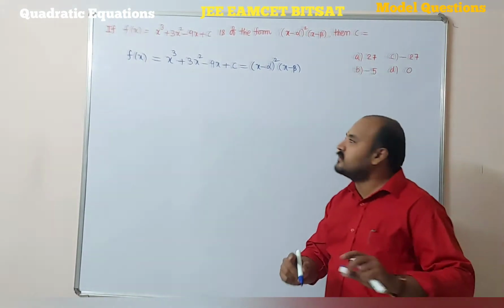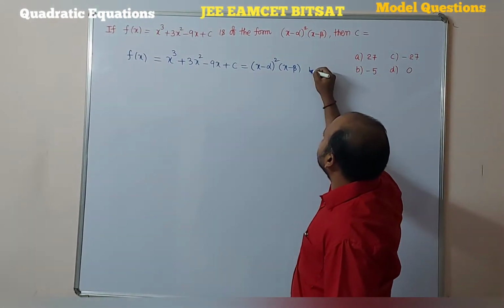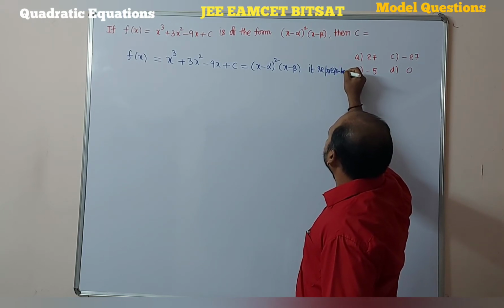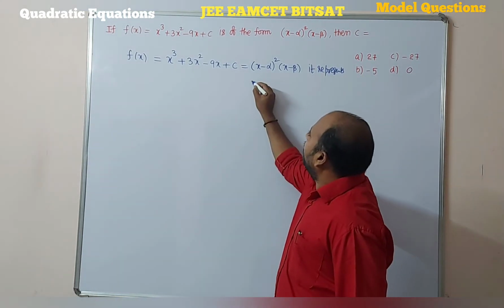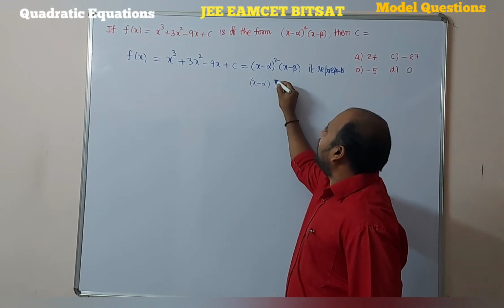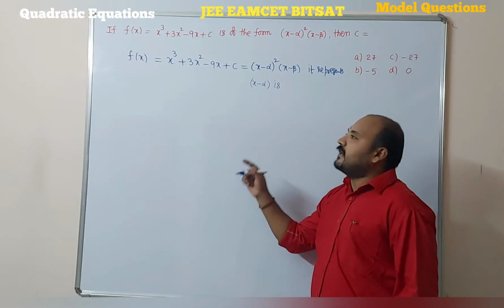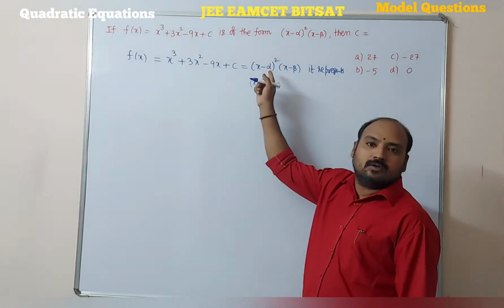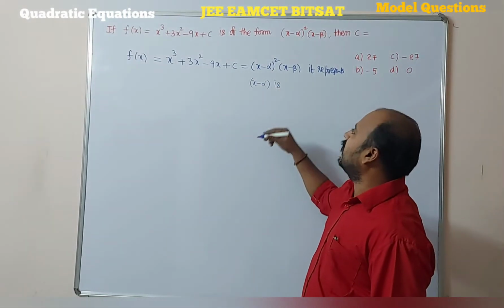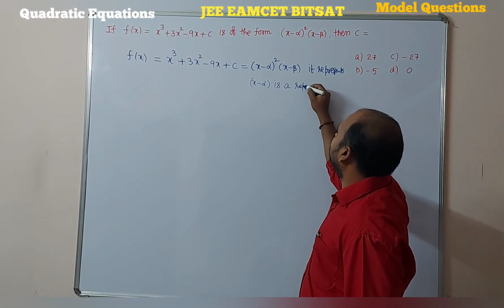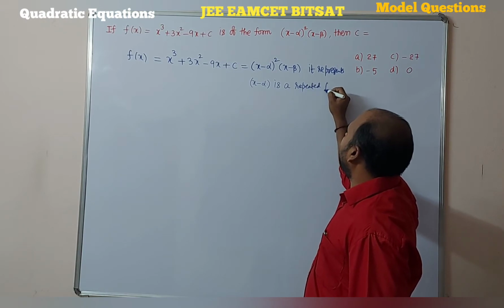Observe, dear students, it represents that x − α is a repeated factor, or x equal to α is a double root, of order 2, a repeated factor.